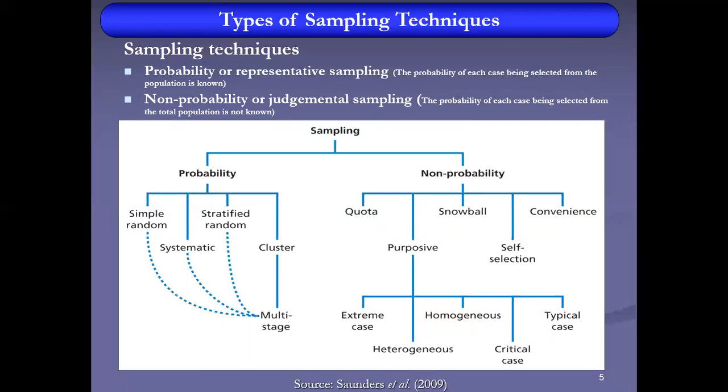Non-probability sampling includes quota sampling and purposive sampling. In purposive sampling, we can select extreme cases, homogeneous cases, heterogeneous cases, critical cases, and typical cases. Snowball sampling is also a type of non-probability sampling, along with self-selection and convenience sampling. So these are the sampling types that come under probability sampling and non-probability sampling.